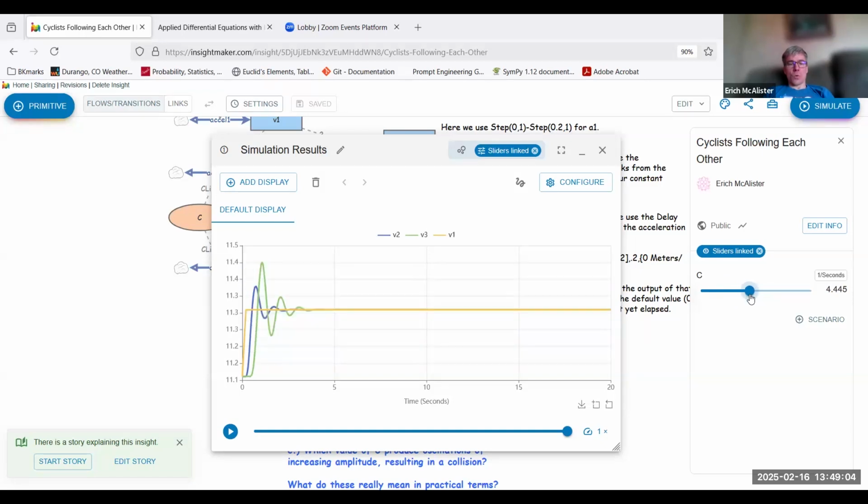Now we see these oscillations in the velocity, and what students are able to see is that the riders are out-accelerating their reaction time to some degree. But they react too violently and then they have to slow down violently.